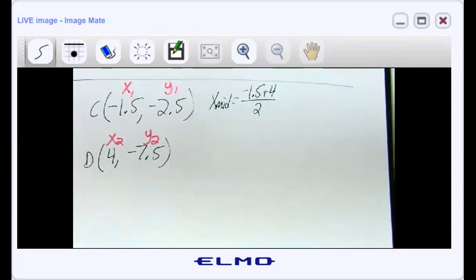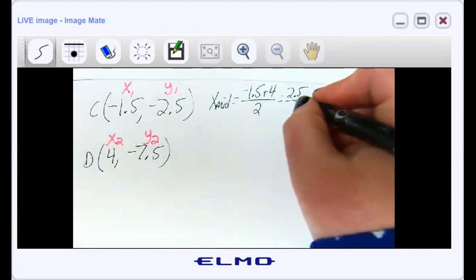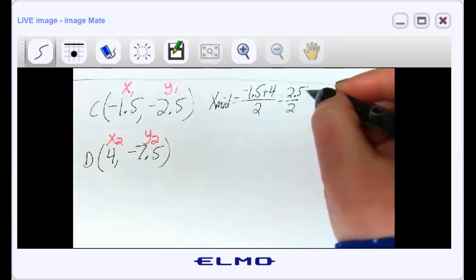You guys are always welcome to use calculators. I'm going to grab mine too. Oh, here it is. All right, so I have a -1.5 plus 4, which is just going to get me a 2.5, but I need to divide that by 2, right?